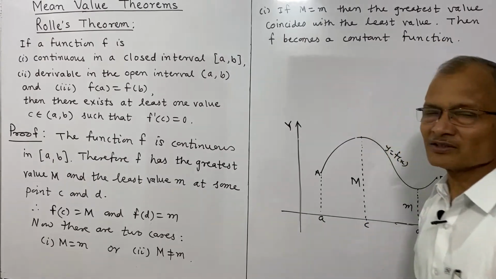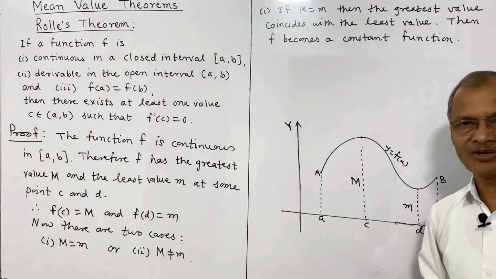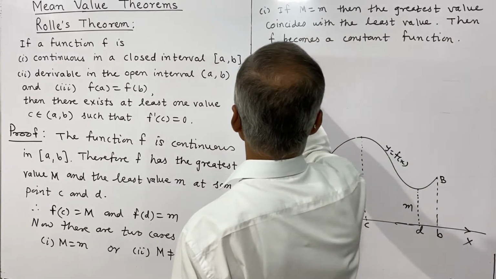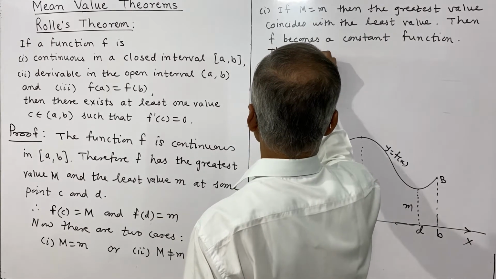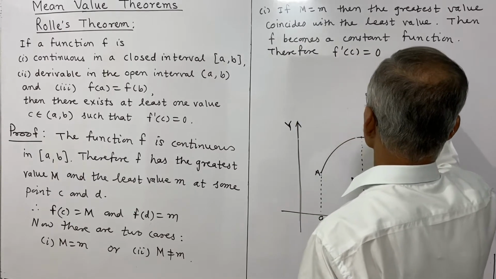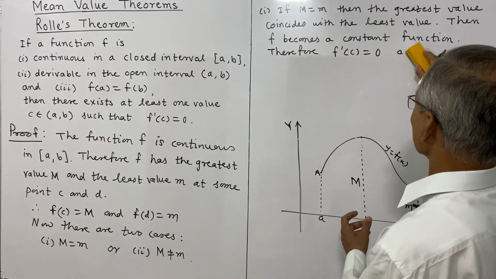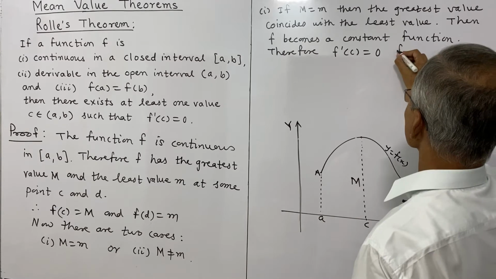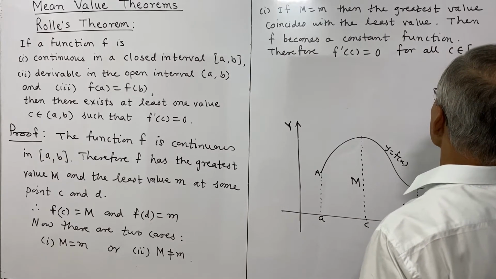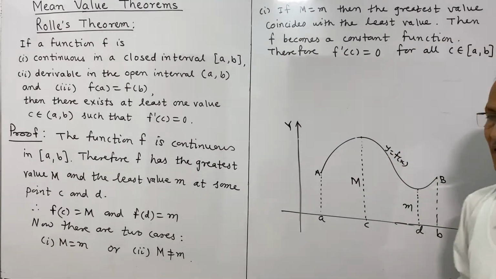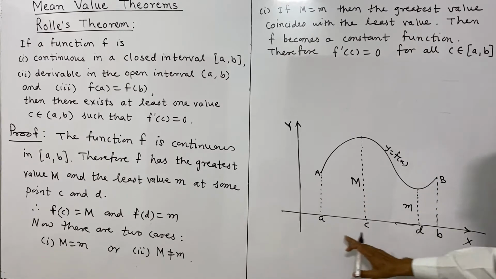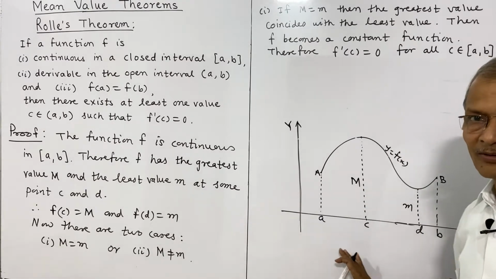And if f is a constant function, then we know the derivative of a constant is 0. Therefore f dash of c is equal to 0 at every point c belonging to the closed interval a b. Because the function has the same value from a to b, at every point the derivative is 0.